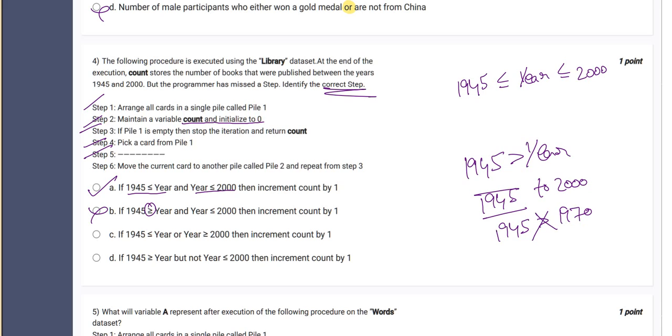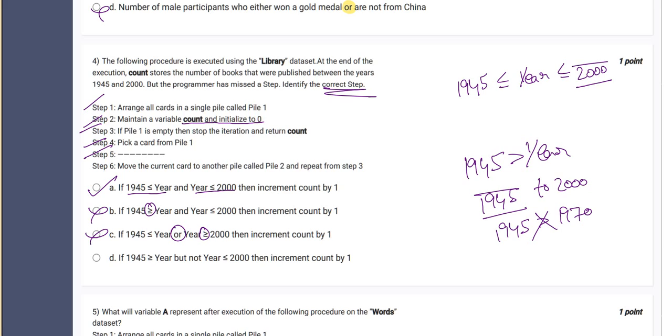1945 less than, if you saw here it is an OR operator, but therefore that's not required here. And moreover, it is greater than 2000. Nowhere it is possible to be greater than 2000 because the right hand limit is 2000, which is the maximum possible value.